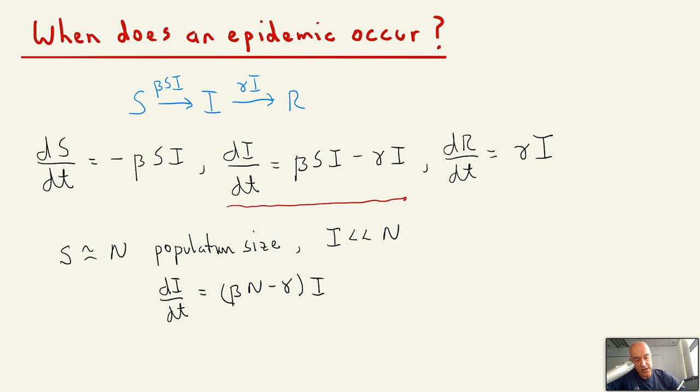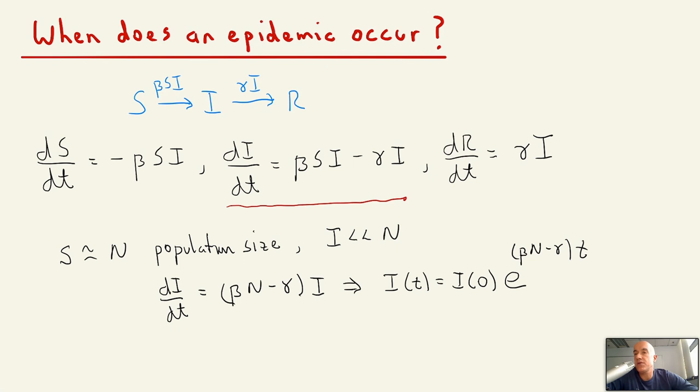So the solution here is that I of t equals whatever its initial value is times e to the (beta N minus gamma) times t. Okay? So we have an exponential.